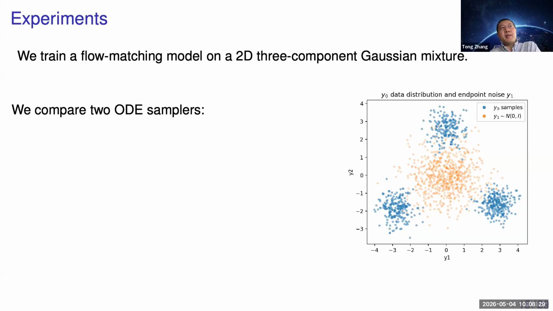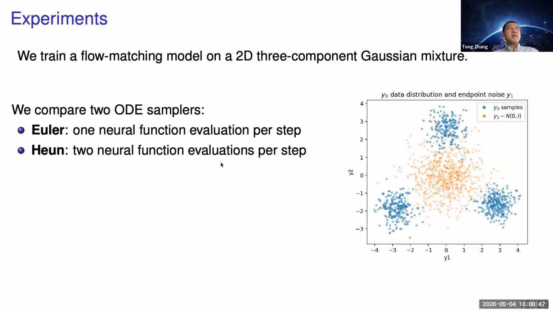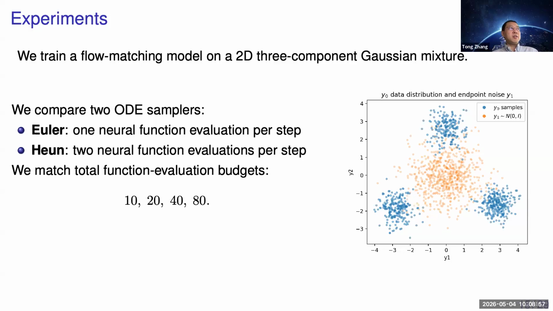We compared two ODE solvers. Actually, for this problem, it really doesn't matter too much, but we provide the code. You see that Euler uses one function evaluation per step. Heun uses two function evaluations per step, right? So if I run 50 steps of Euler, I should run 25 steps of Heun. There's no CFG for this, okay? This is all unconditional. So we match total function evaluation budgets with 10, 20, 40, 80.